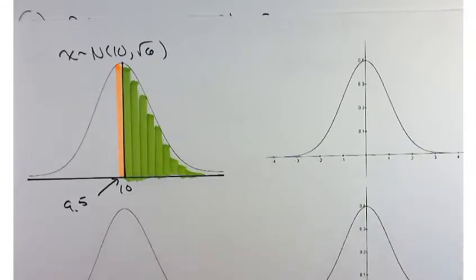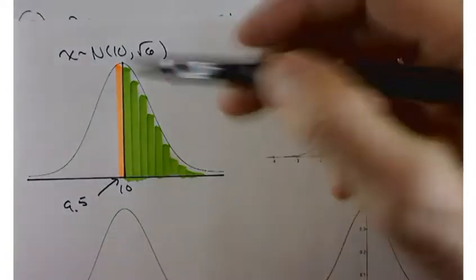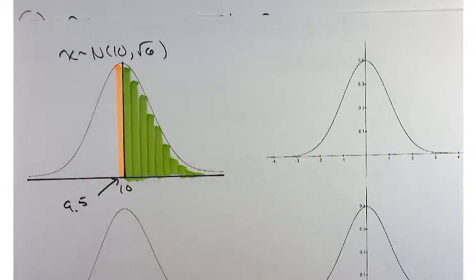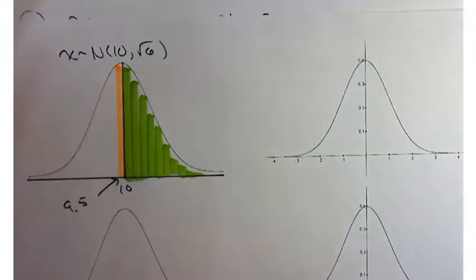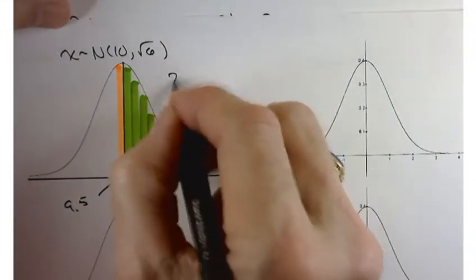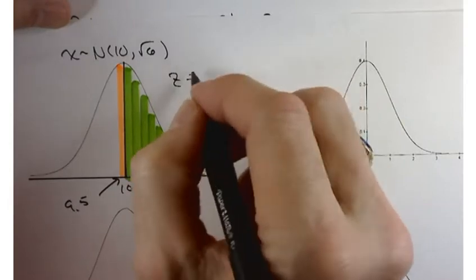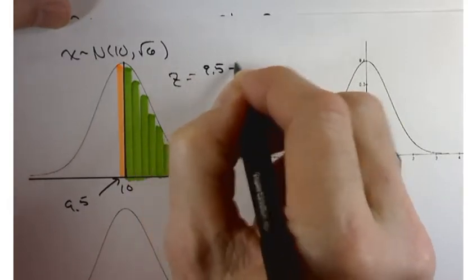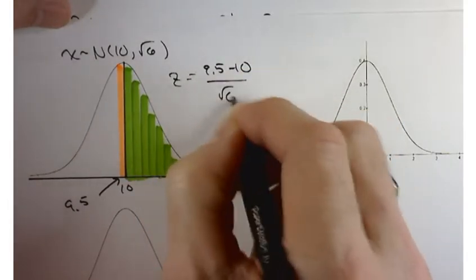And now I can do my z transformation and find a z-score, find an area, etc. But the big thing is you have to do that continuity correction in order to get a reasonable approximation to your area. So the z-score is going to be 9.5 minus 10 divided by the square root of 6.